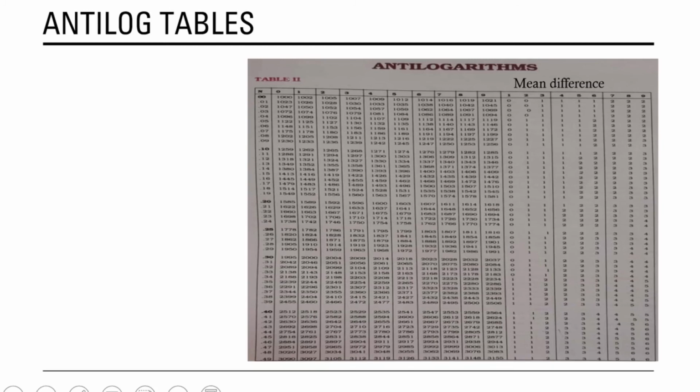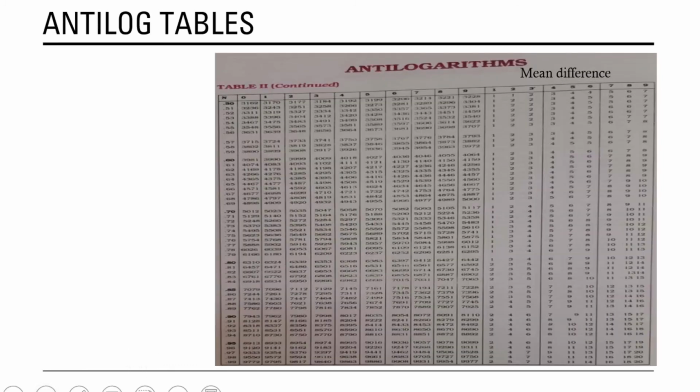So this is how the antilog table looks. It is similar to the log table except that it starts with 0 and then continues as 0.01, 0.02, up to 0.49, then 0.5, 0.51, up to 0.99.